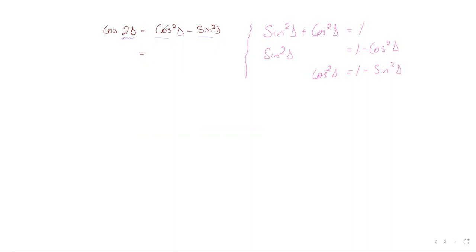So I'm going to write cos in terms of a sine, so that 1 minus sine squared D minus sine squared D, and that will give you 1 minus 2 sine squared D.